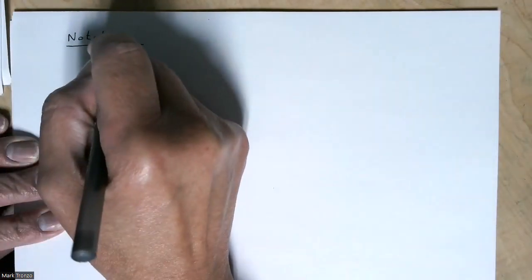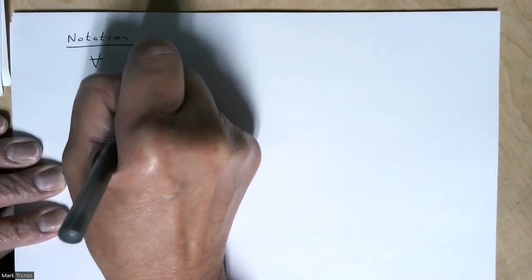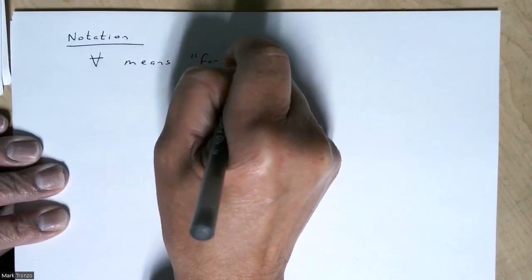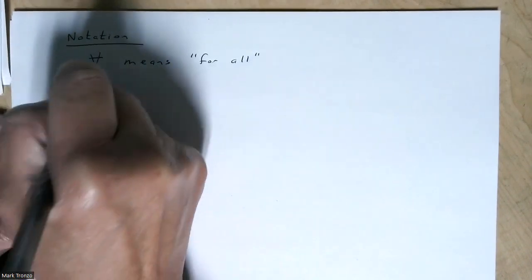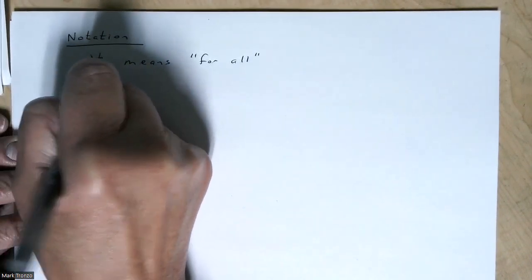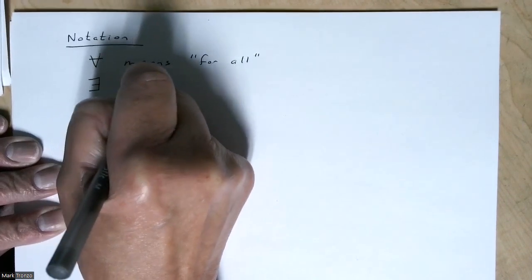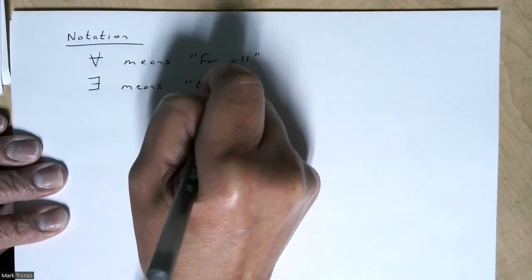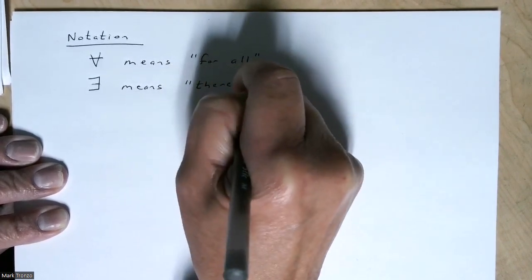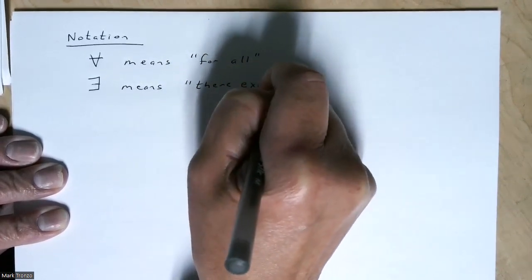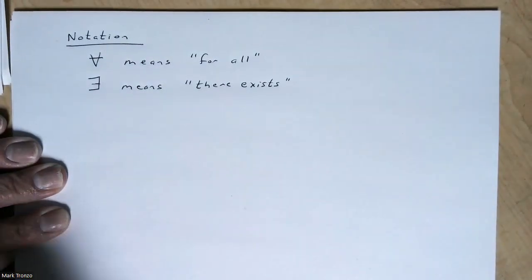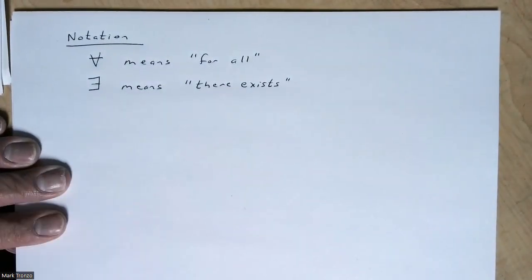And remember, this symbol means for all. And this backward E means there exists, and so we'll be using that a lot from here on.